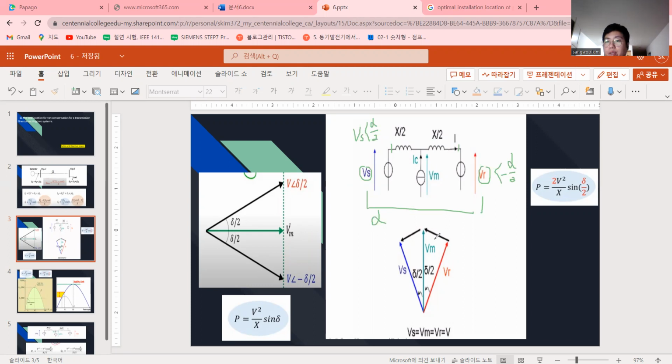So our question was the best location for bar compensation, right? We need to put it at exactly the middle point. I will call this VM. Yeah, VM.